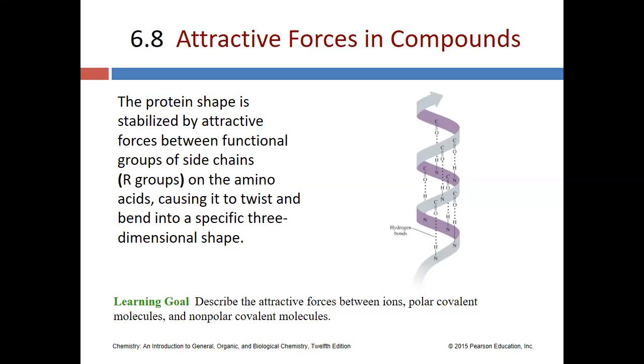And we can fit the level of attraction between molecules into categories based upon polarity. There are nonpolar molecules that are attracted to each other in one kind of way. There are polar molecules that are attracted to each other in a different kind of way. And then there are ionic compounds, which are attracted to each other in a way we've already talked about, based upon that positive to negative attraction thing.